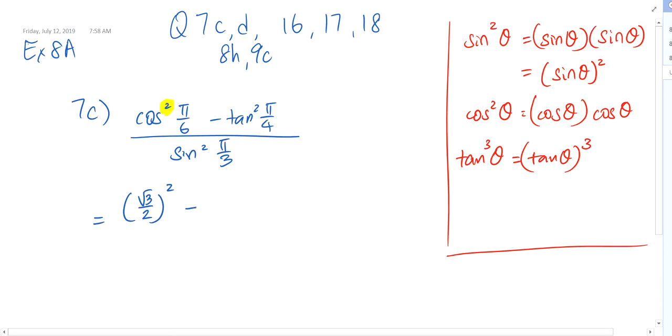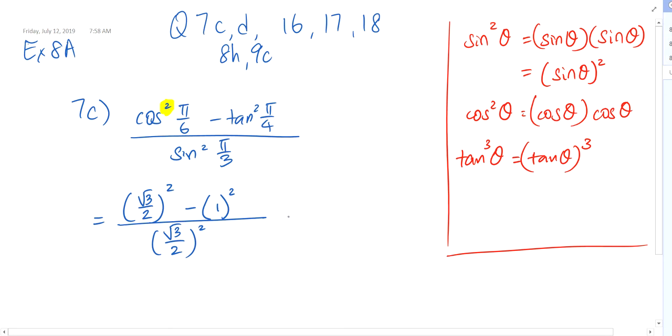Then minus tangent square pi over 4. How much is tangent pi over 4? Tangent pi over 4, oh yes, 1. So minus 1, and I square it, divided by sine square pi over 3. How much is sine pi over 3? Root 3 over 2, and I square it.